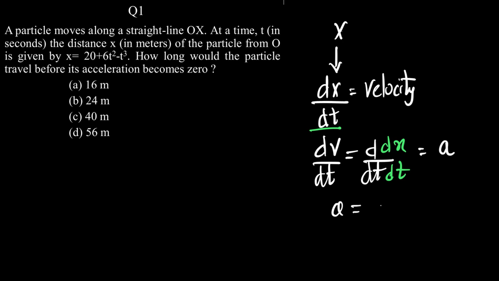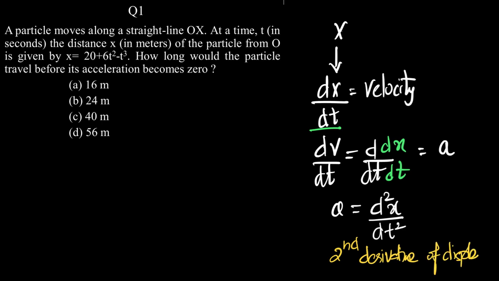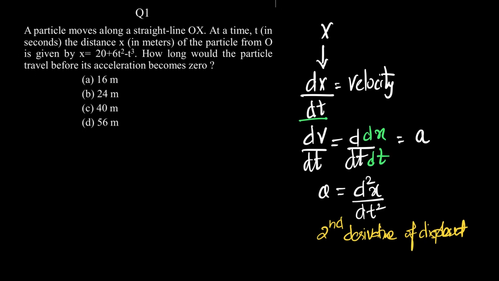So acceleration, in other words, is nothing but the second derivative of distance, I beg your pardon, second derivative of not distance, it is displacement, right? In which case, we can write that if acceleration becomes zero, then the second derivative of displacement also becomes zero.